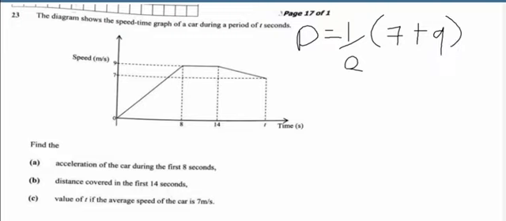Then close bracket. Then the value of t. Since we don't know the value of t, we are just going to say t minus 14. So we need to say t minus 14.